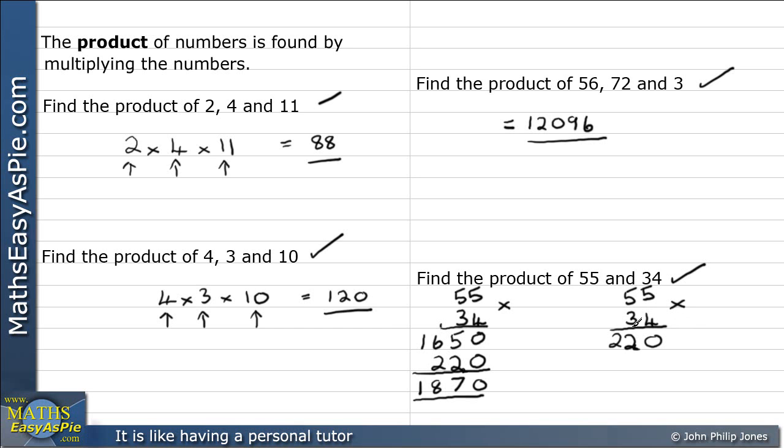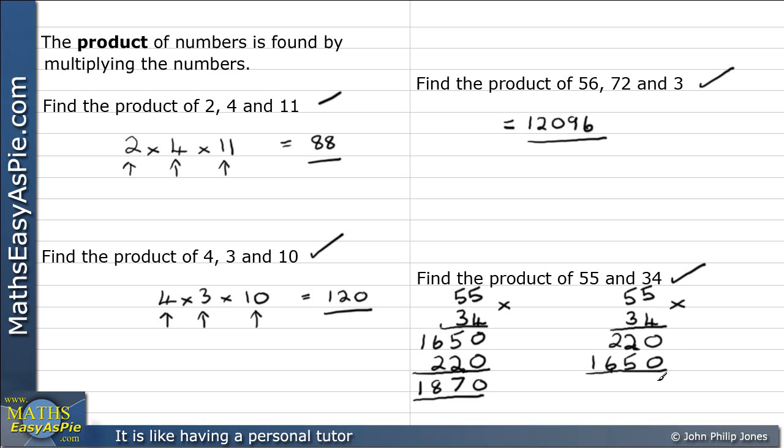And now we multiply by the 3, which means putting a 0 down, and 3 times 5 is 15, which is 5 down, and we carry the 1, and 3 times 5 is 15, plus this 1 is 16, and now we add up these two numbers.